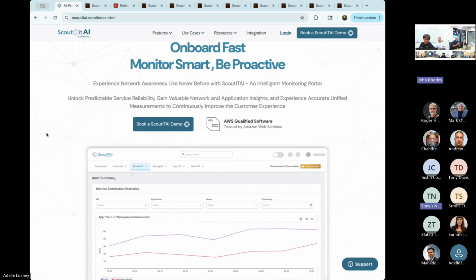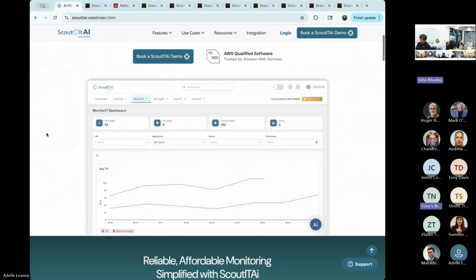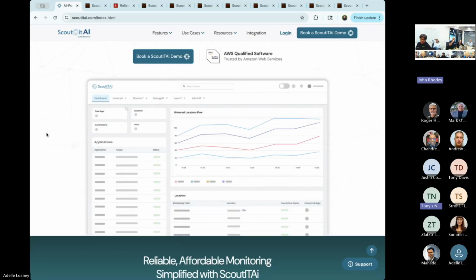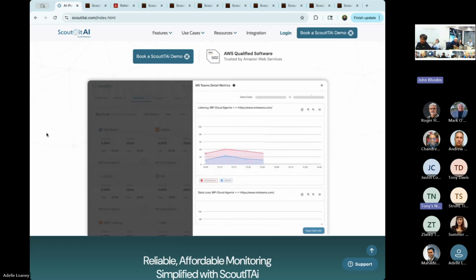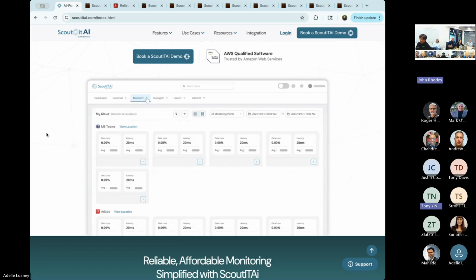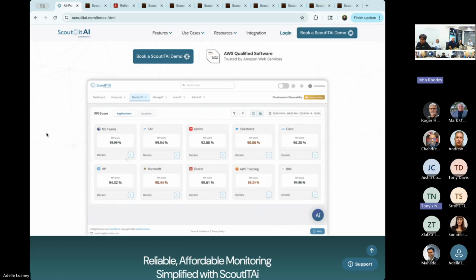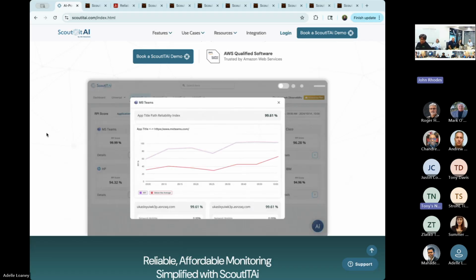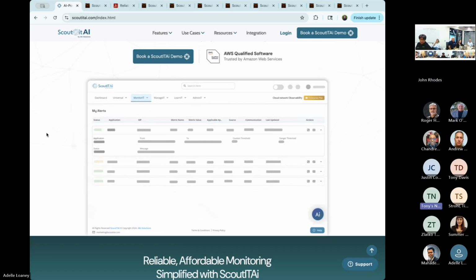So you'll see some screens from ScoutIT AI rotating, and we'll talk to them a little as we go through, and then hopefully get a quick peek at the modernization. Essentially, we're going to talk to ScoutIT AI, our AI-driven solution designed to give you predictable service reliability around, like John was saying, monitoring of your network and your applications, and give you some measurables to continuously improve the customer experience.